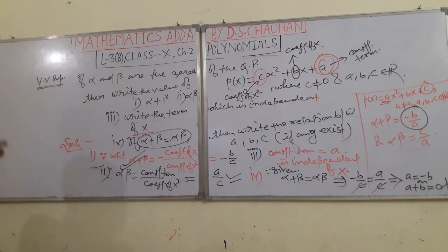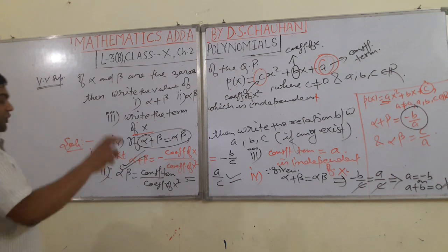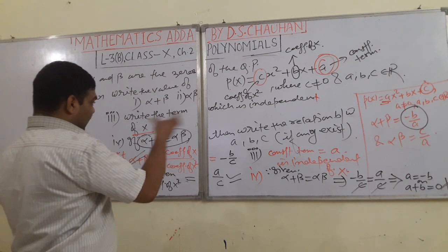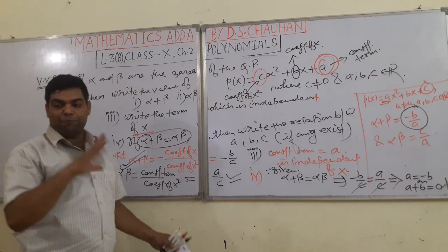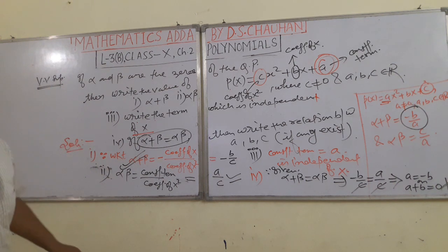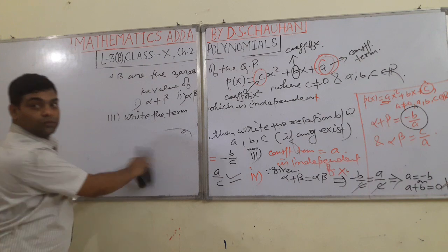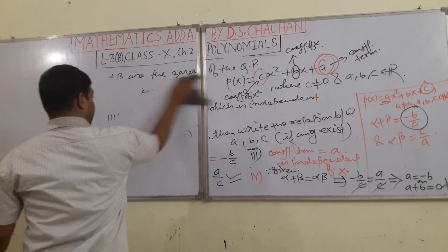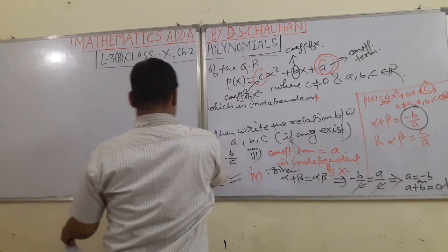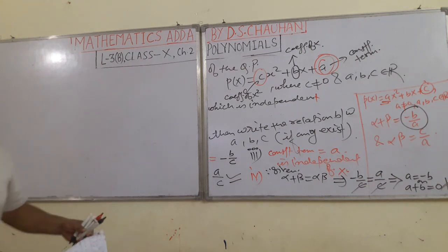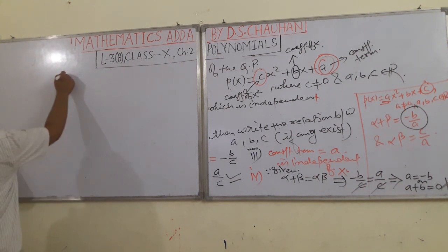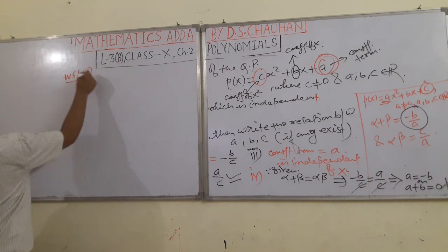Okay students, now one very important question I am leaving for you related to this lecture. All of you write it. Very important. The last question here, students, is a worksheet for practice which you have to do.